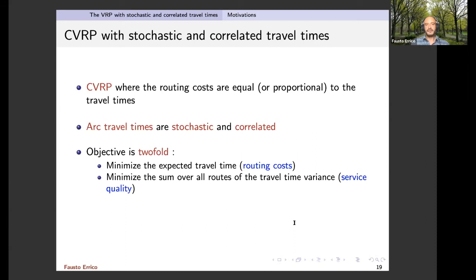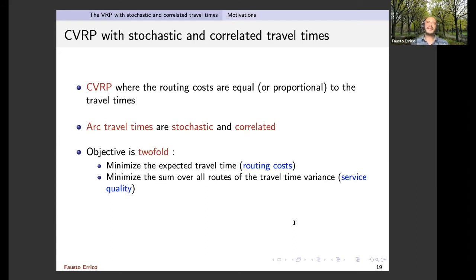Now, if we focus on the vehicle routing problem case, our vector is travel times. They are correlated, and our purpose is twofold: to minimize the expected travel time, the mu part, and also to minimize the overall time variance.